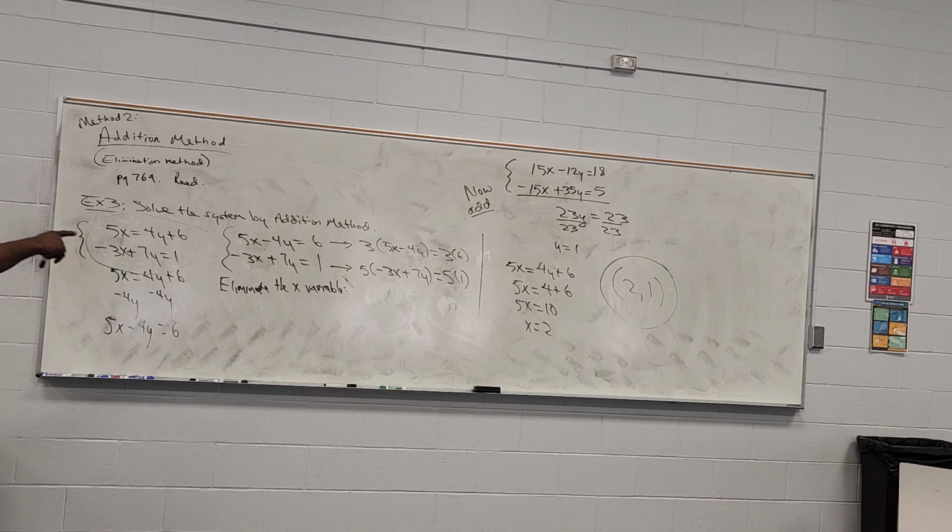If you check 2 comma 1 in both of these equations, it will be the solution. And again, I told you, these are lines. If you graph both of these lines, they would cross at the point 2 comma 1. This is a consistent system with one unique solution. These two lines cross at the point 2 comma 1.